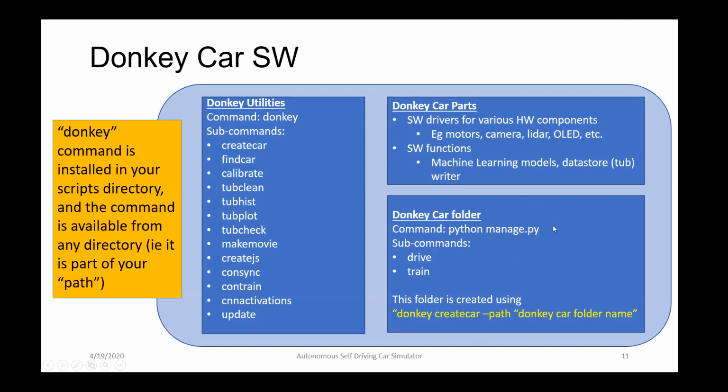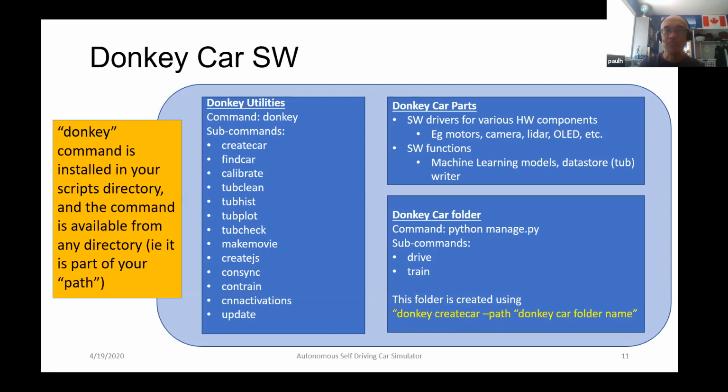So not in your my sim folder? It is. When I create my car, the path that I called it was my sim. So my car folder is called my sim. Okay. When I did the create car command, I typed in donkey create car --path ./mysim. I like my car folder to live in the donkey car or gym donkey car directory.